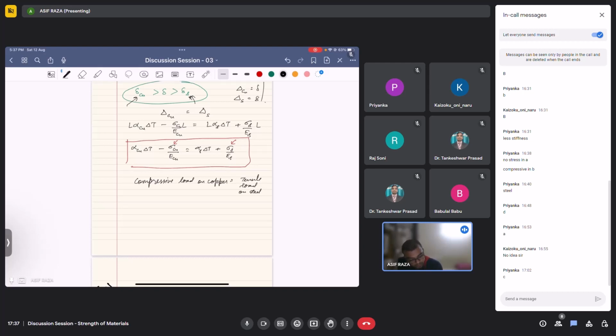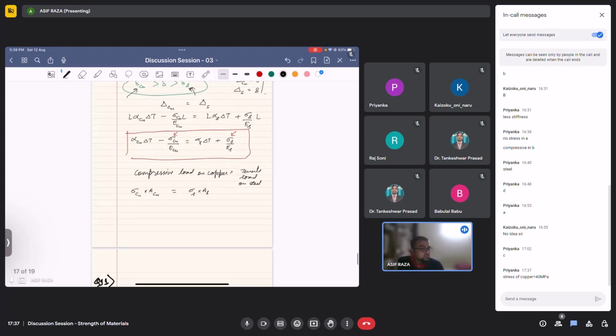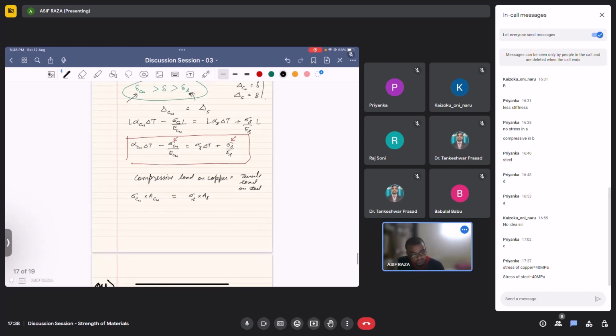Load is given by sigma Cu times ACU, and the tensile load on steel is sigma S times AS. So this is the other equation we need to use. Sigma Cu is equal to sigma S times AS upon ACU. Just substitute in the previous equation: put 2 in 1.